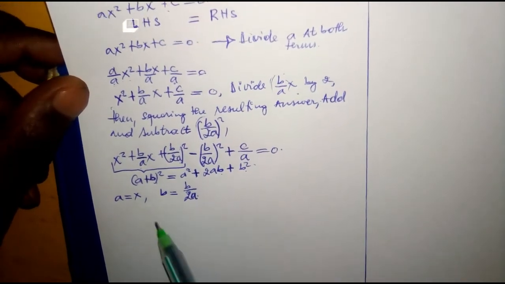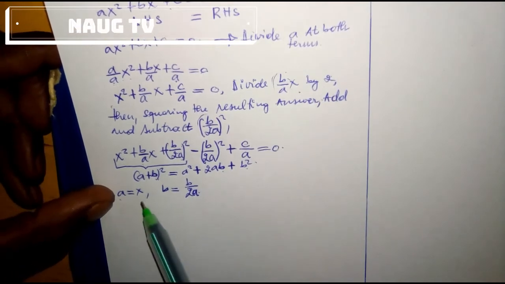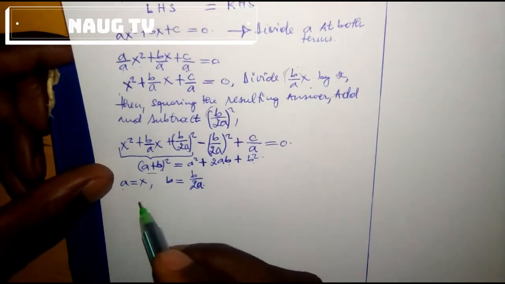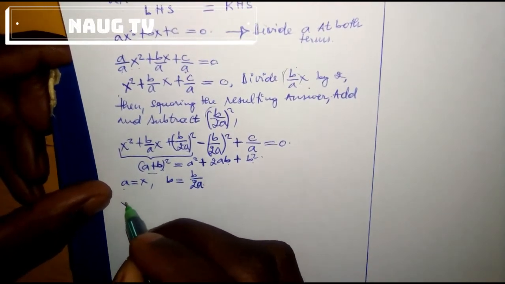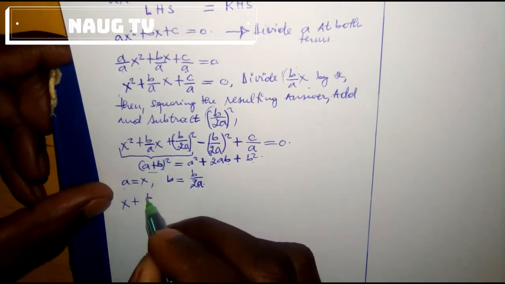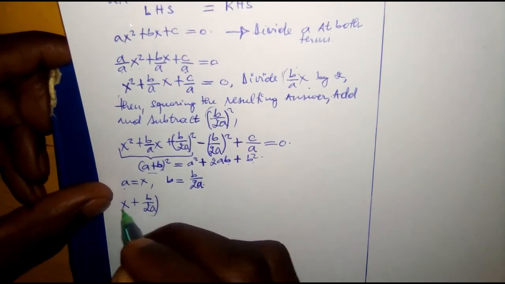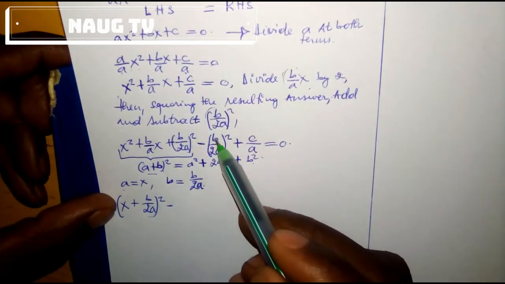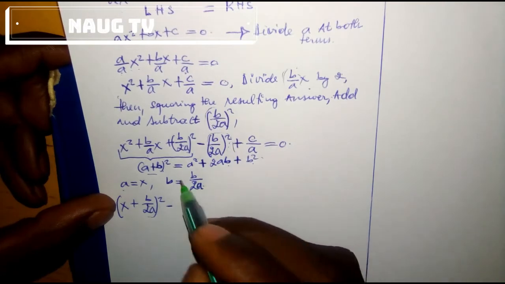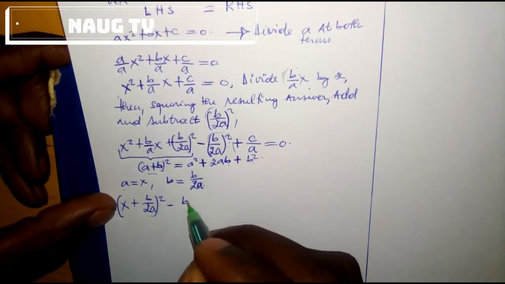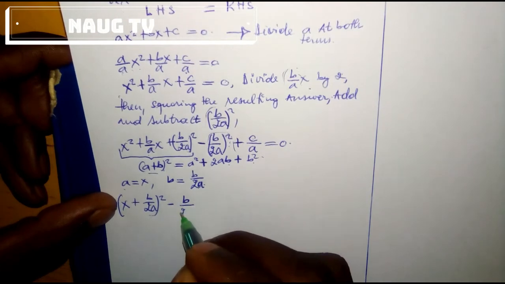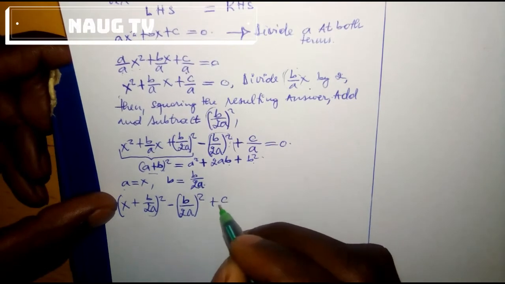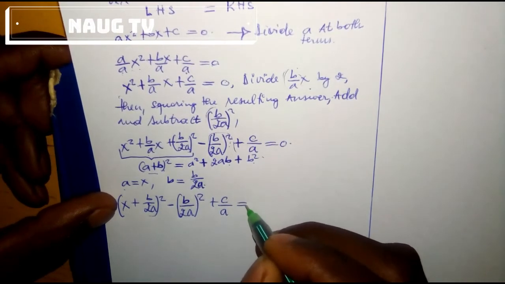Now replace the value of a and b with its value in this formula, so as to get x plus b over 2a squared negative this term, and it is b over 2a squared plus c over a, which is equal to 0.